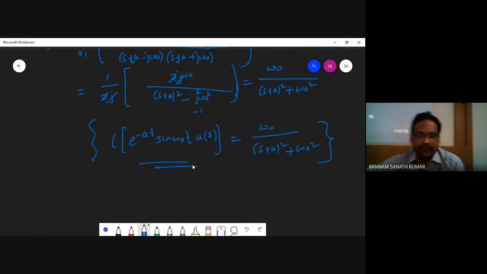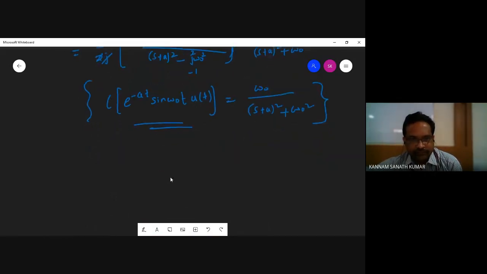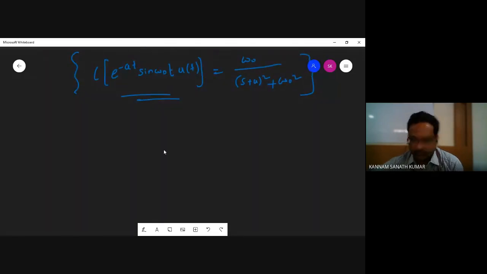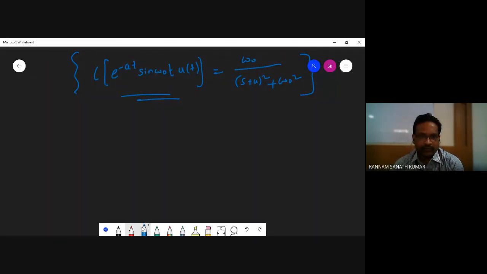Similarly, what is the Laplace transform of e power minus at cos omega naught t? Guess what the Laplace transform of this one is.